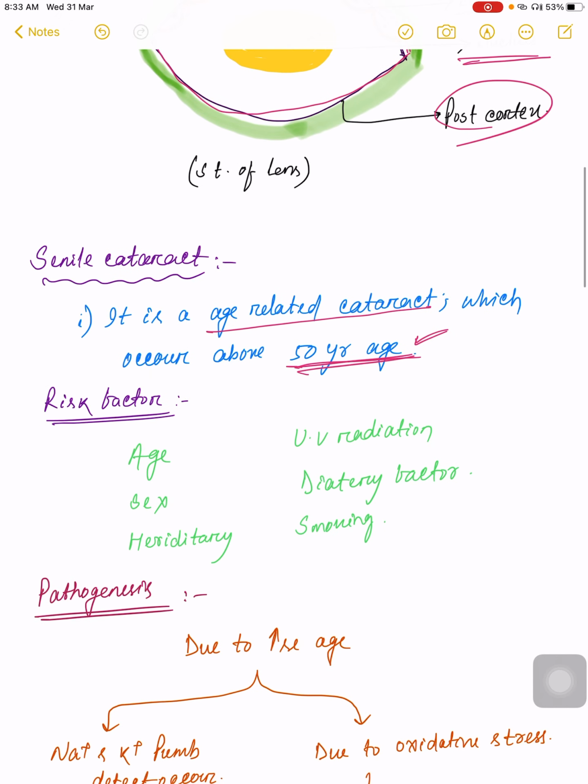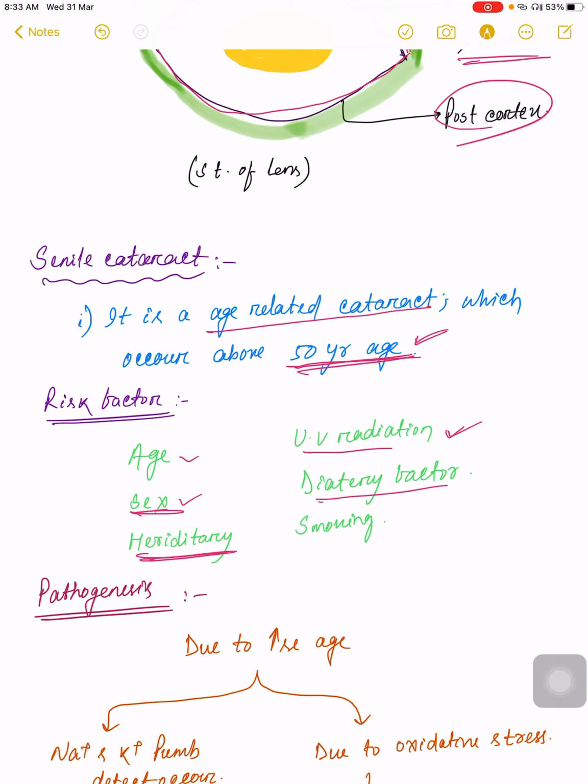What are the risk factors behind senile cataract? First is age. Second is sex, sex also affects. Then hereditary causes. UV radiation, due to exposure in healthcare workers, or people working in sunlight areas or in industries, who are exposed to UV radiation, so they may get this type of cataract.